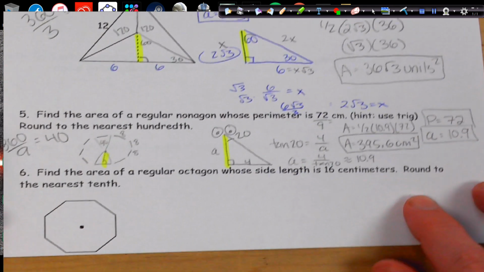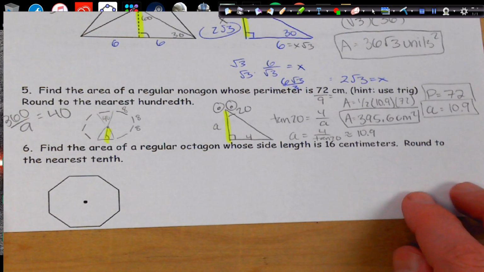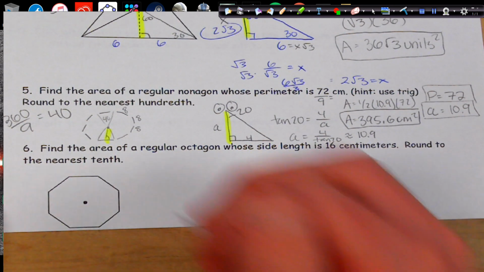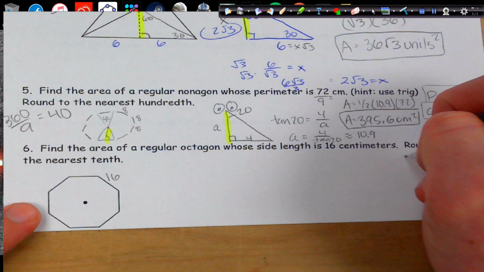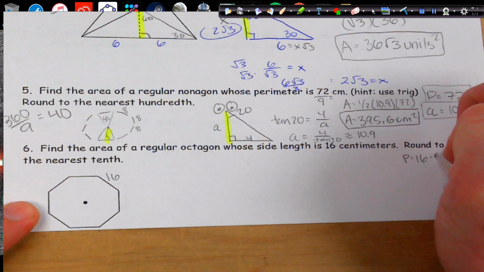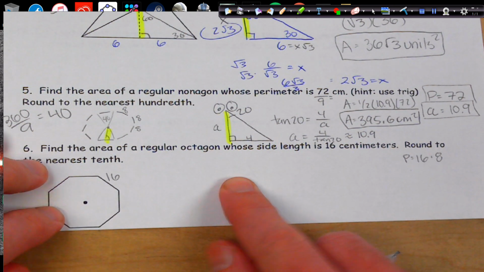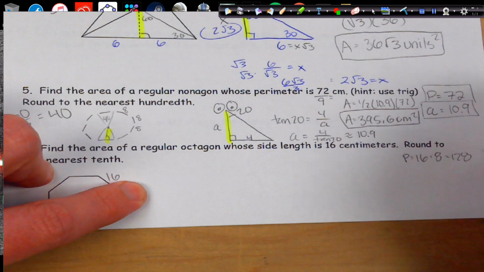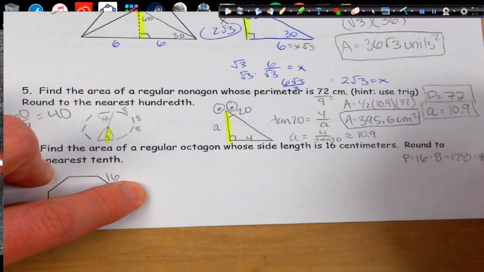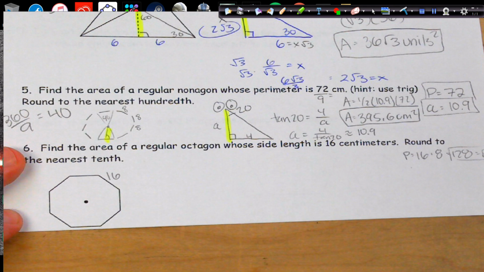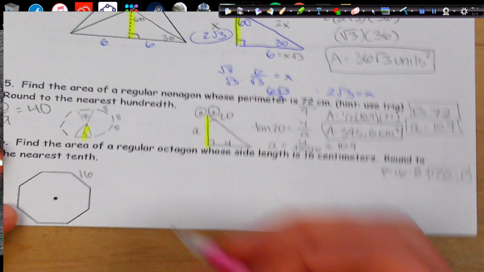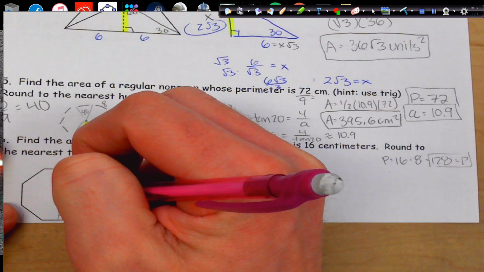No pun intended. Find the area of a regular octagon whose side length is 16. So again, I can find my perimeter pretty easily, 16 times 8, and we're going to get 128. Okay, so I have my perimeter, so I need to find the apothem.